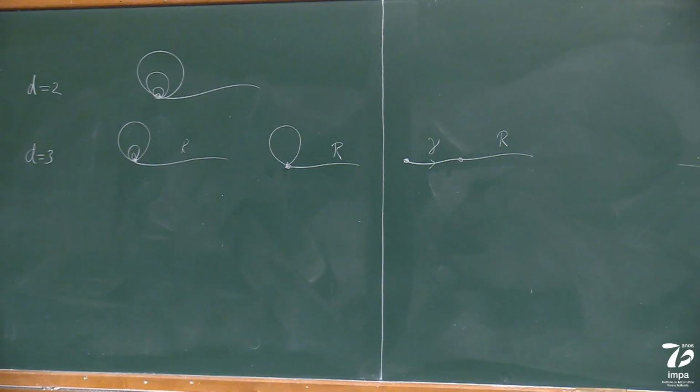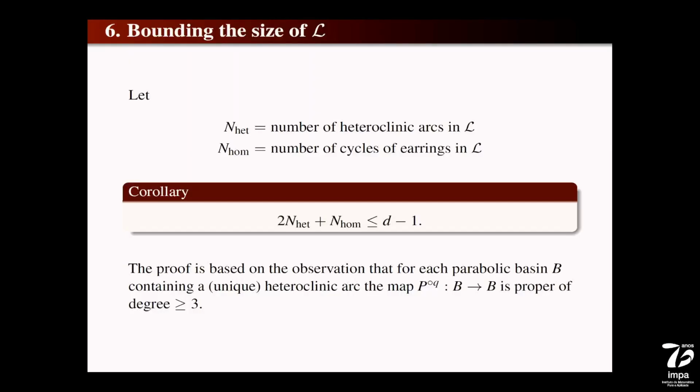Probably not. You mean two earrings attached to the same parabolic? Yeah. But you had the ordering coming from the potentials. What is the ordering between two earrings? It depends on the sequence of perturbations. So I think you know that the ratio goes to 0 with some speed, but it depends on the multiplier, how it goes to 1. So there's a point here where you write the number of cycles.